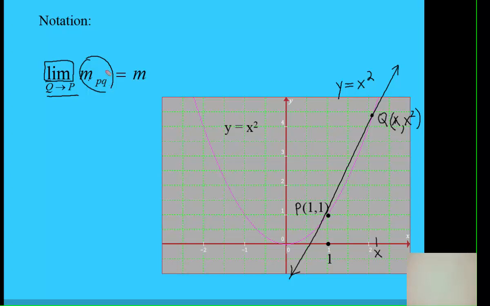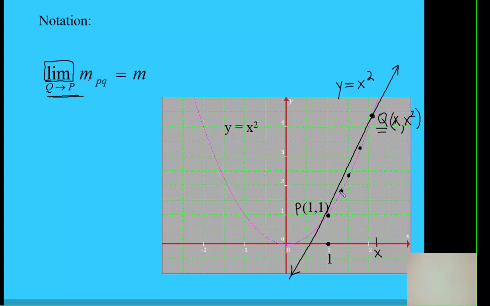So that's the notation right here. This right here is the slope of the secant line. So the limit of the slope of the secant line as Q approaches P. What we did on the previous slide was we let this point Q get closer and closer to P by bringing this point in here, then here, then here. Q is getting closer and closer to P.